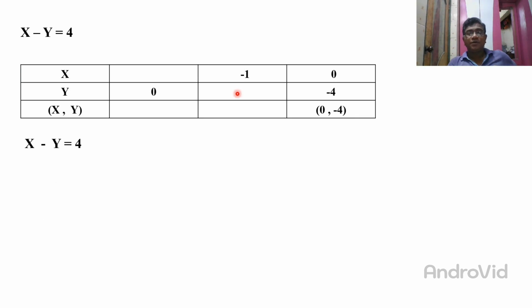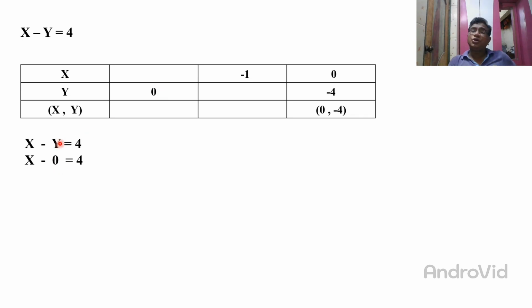Let me start. So here x minus y is equal to 4. The y value you see here is given as 0. So substitute the value of y here, 0. See, the y value is given as 0. So in x minus y is equal to 4, the x value is not given, so x remains as it is. The minus sign remains as it is. The y value is given to you, so y is equal to 0.